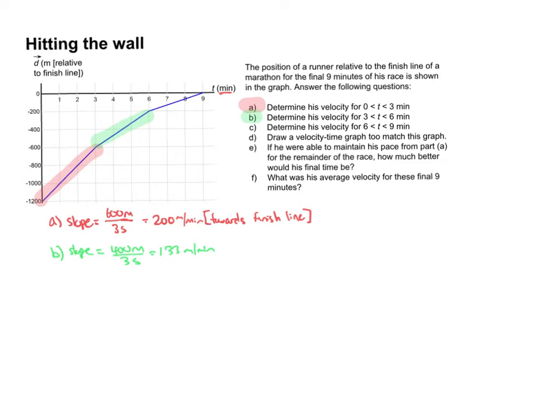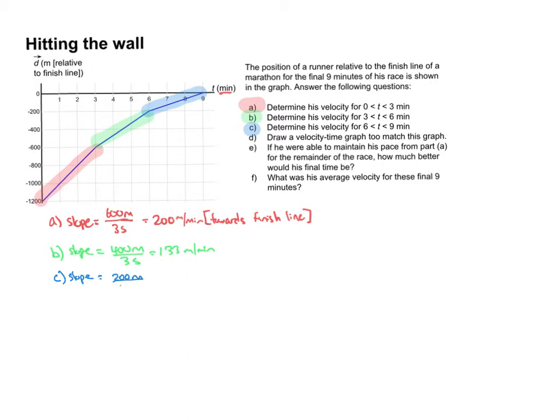Okay, the third part will be the last 3 seconds there. Same thing. So the rise for the last part looks like it's going from negative 200 up to 0, the finish line. So that's a rise of 200 meters.